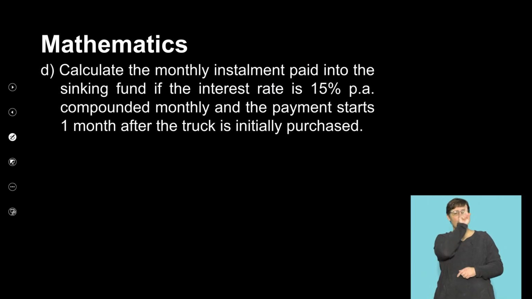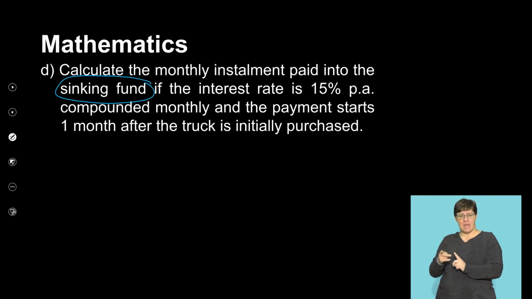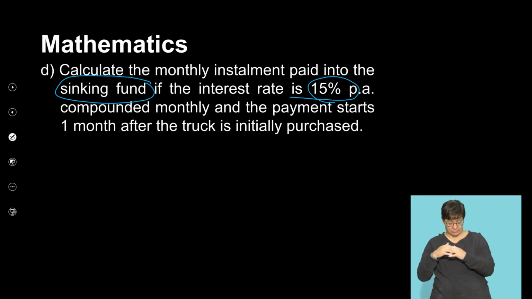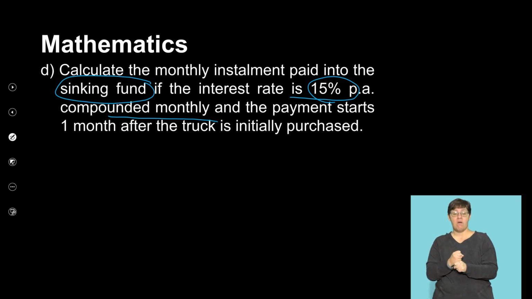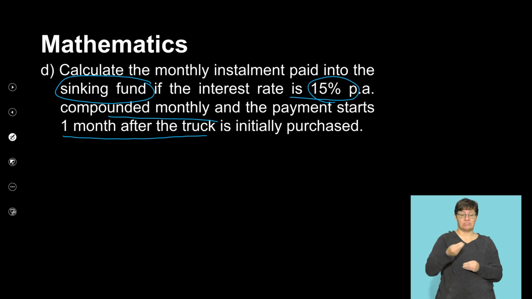So the question says, calculate the monthly installment paid into the sinking fund. The sinking fund, remember, we said is the difference, which I'm going to show you how much it is. It's that 657,000. The bank says we're going to give you 15% per annum, compounded monthly, and the payment starts 1 month after the truck is initially purchased. Now let's quickly explain this, because some people will think I must add 1 month on top of the 6 years.